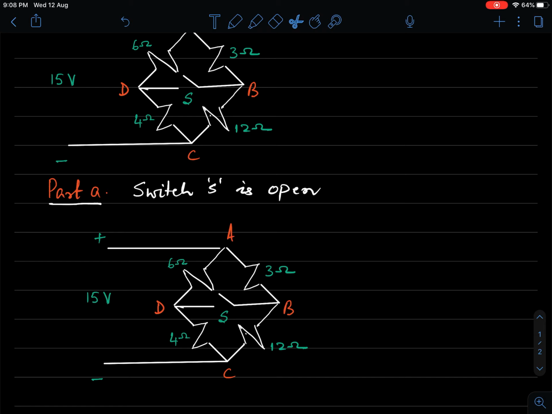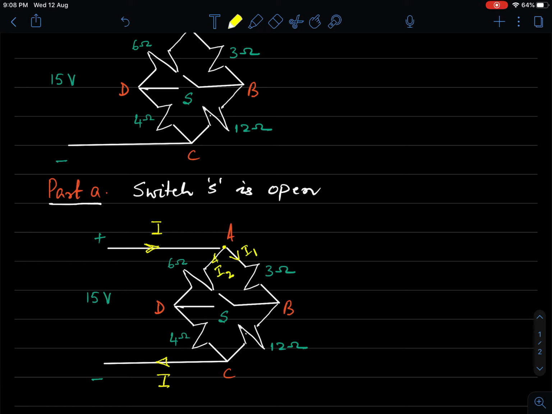If I can mark the currents in yellow for our better understanding, I'll call this current I. The current I, when it comes to the junction A, has to go back to the negative via junction C. In order to do so, the current at A splits into 2 parts. I will call this current I1, the other current I2.